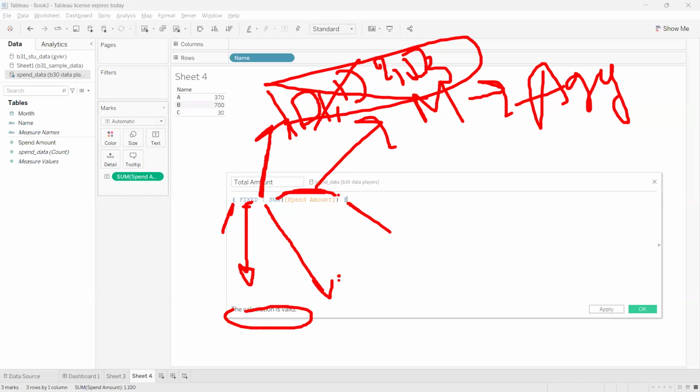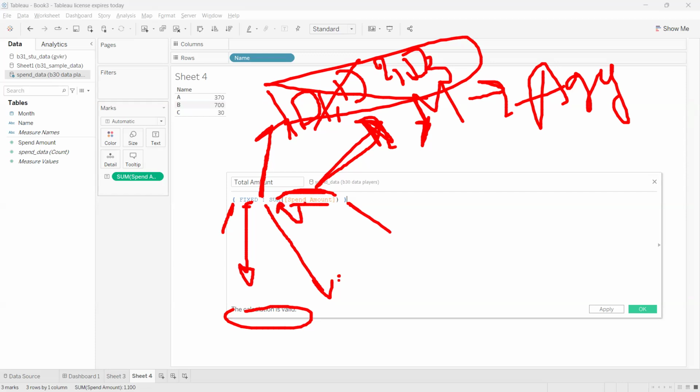And after the colon, I have to write a measure here. I can write only one measure here. Unlike dimensions, we cannot mention a number of measures here. I can simply mention only the spend amount here, or profit or sales. After the colon, we have to mention only one measure, and that measure should be aggregated.